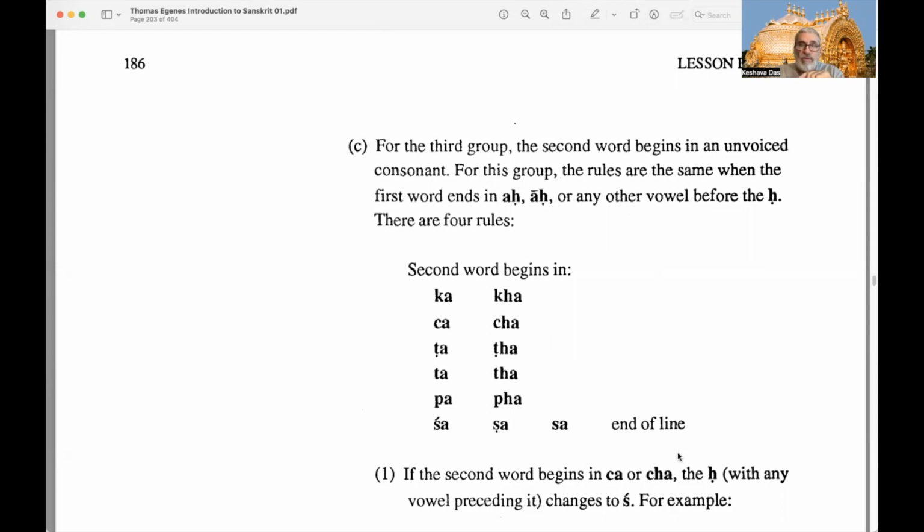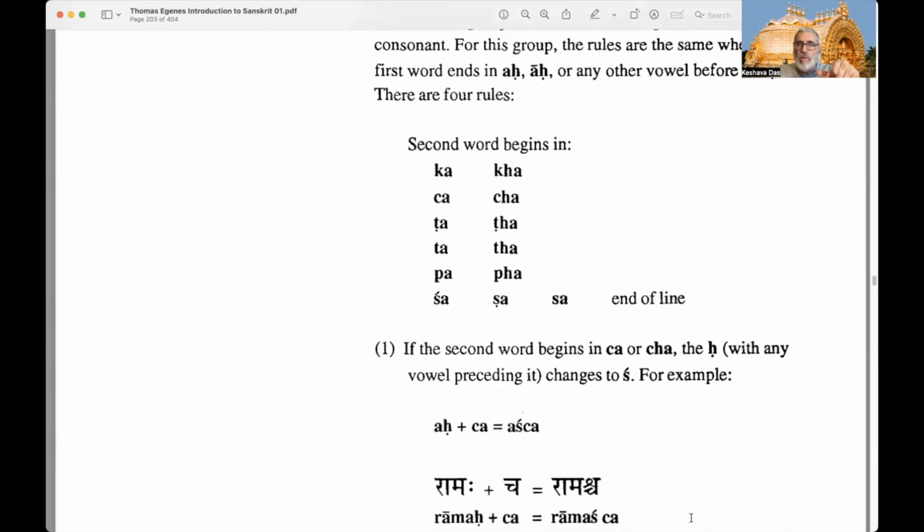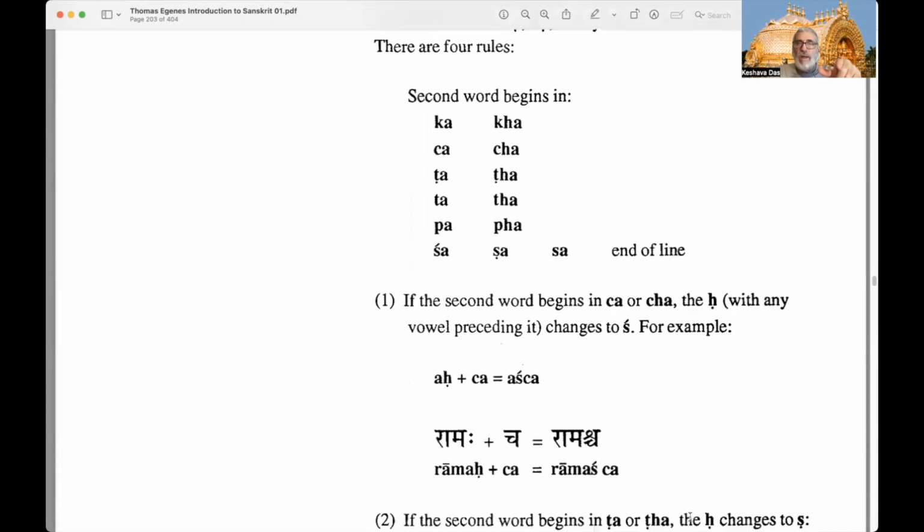For this group, the rules are the same when the first word ends in short a visarga, long a visarga, or any other vowel before visarga. So they're much easier. There are four rules. Okay, if the second word begins with ka, cha, ta, pa, or any of the sibilants, sha, sha, or sa, and he's got end of line here.